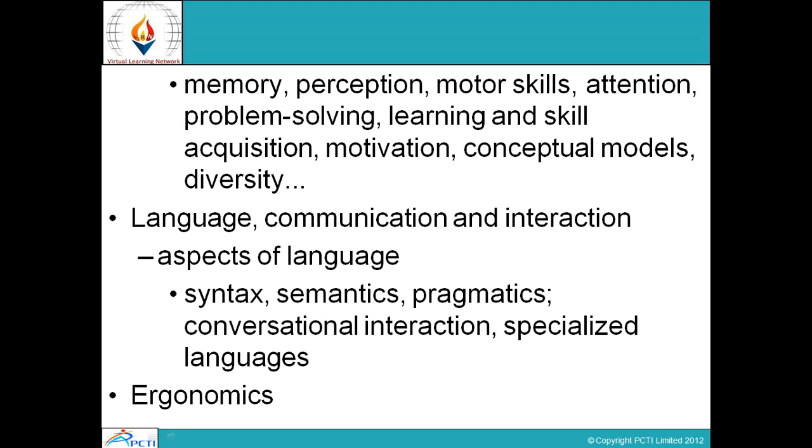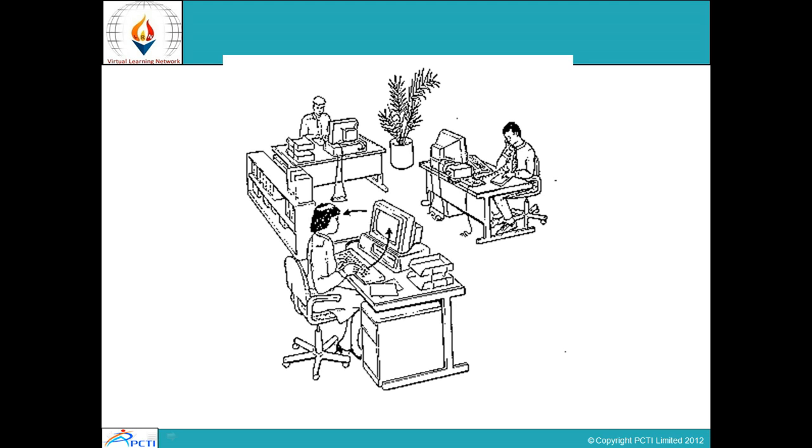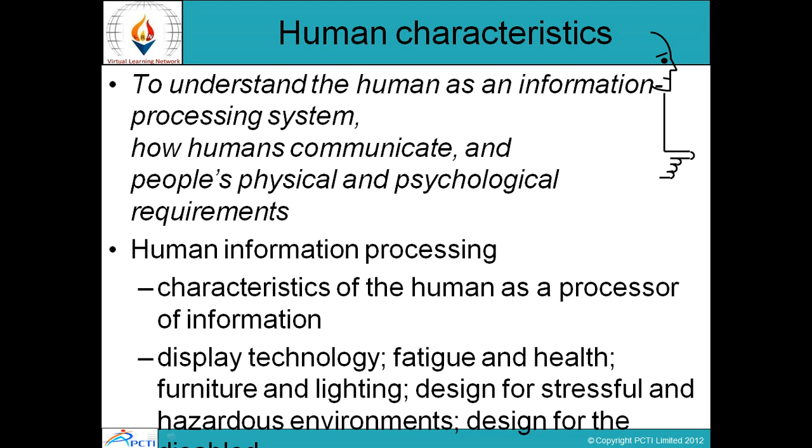Language, communication part, interaction, aspects of the language, syntax, semantics, pragmatics, conversation interaction, specialized language, and ergonomics. These are the things that have to play a very important role. When human beings are working in a social environment, then human interface plays a very important role. Now, let us discuss some characteristics of the human that will help us to implement a sort of interface.